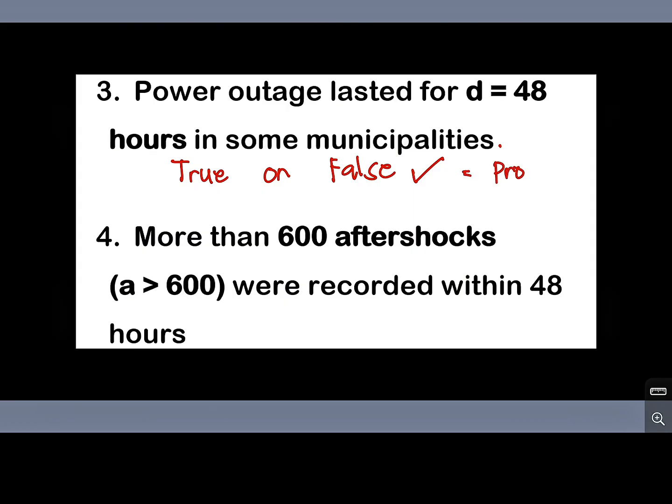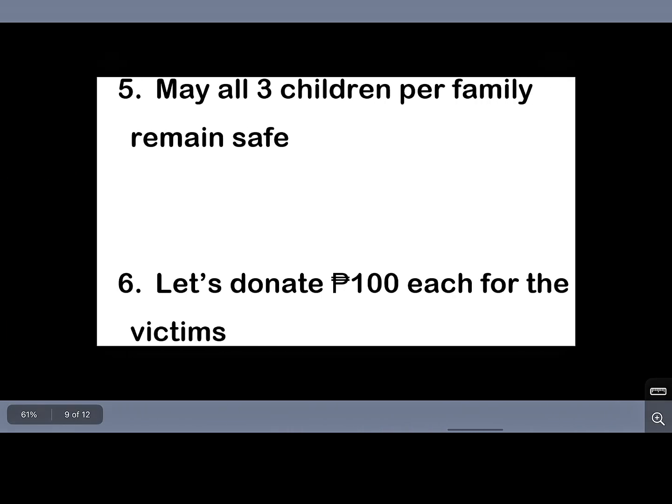It's either true that the power outage lasted for 48 hours or false, and it still emphasizes a complete thought statement. Number 4, more than 600 aftershocks were recorded within 48 hours. Same with number 3, it has a truth value, so it is a proposition.